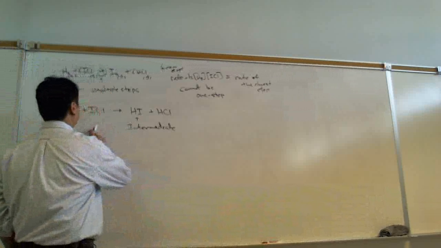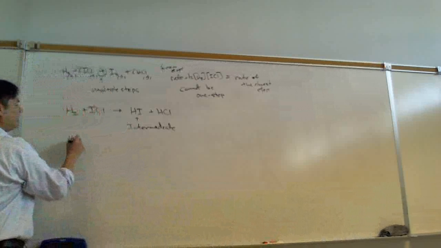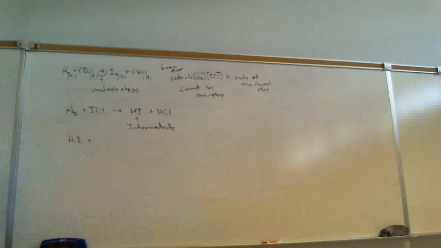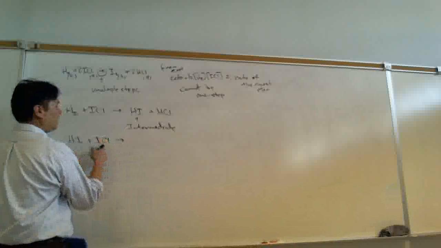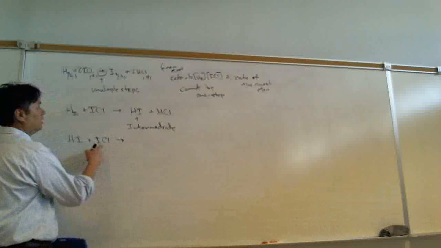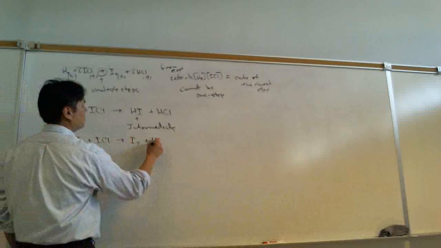Well, we need to get rid of that intermediate HI. What do we have left over to react it with? An ICl. And so if we take an HI and an ICl, it's going to form an I2 and an HCl.